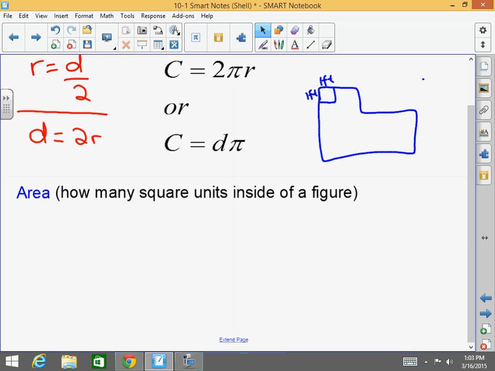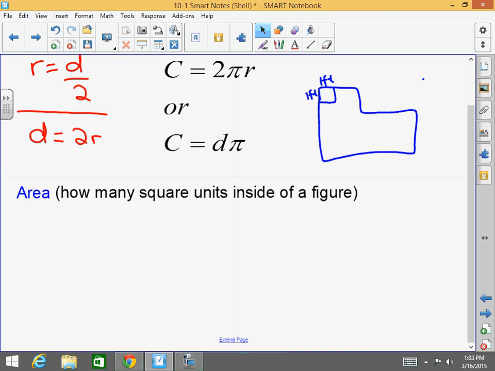But when we're just talking about area of a figure, we're talking about how many square units inside of that particular figure. So for this house, if you notice, I didn't draw a 3D figure. When they tell you the square footage of a house or an apartment or a space of some sort, it's just of that plane figure on one single plane, two-dimensional. That's a great question, okay?